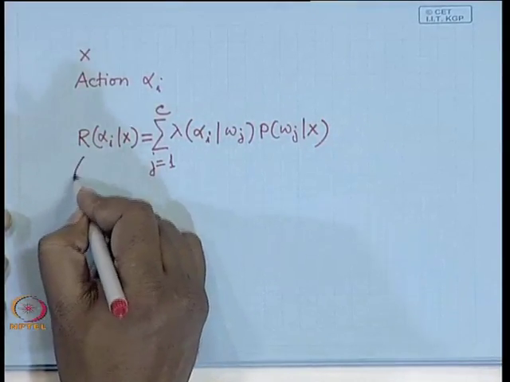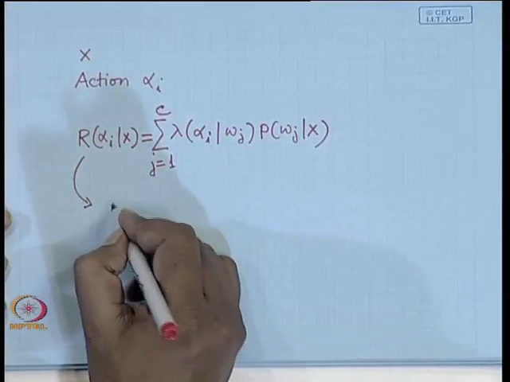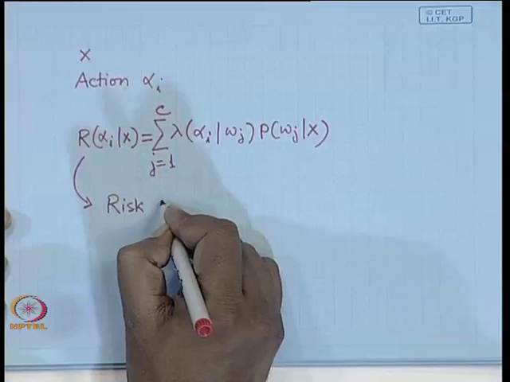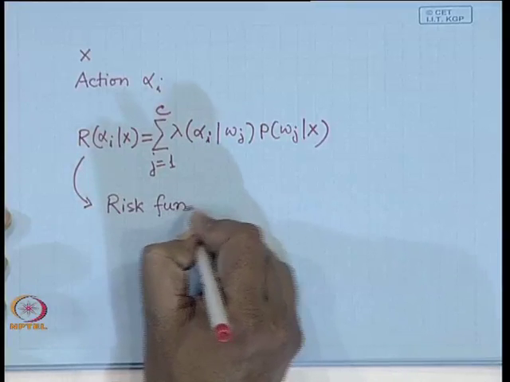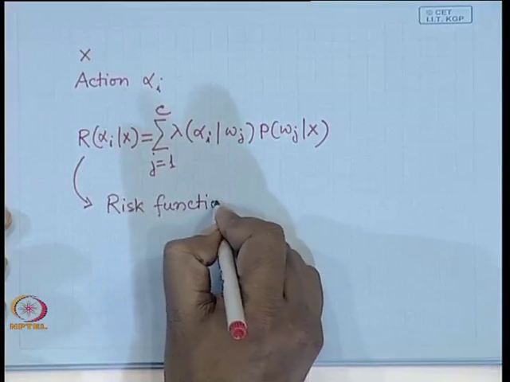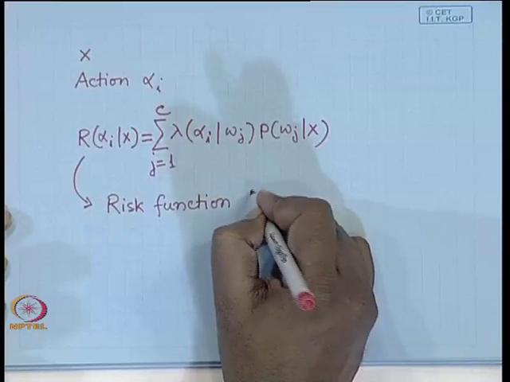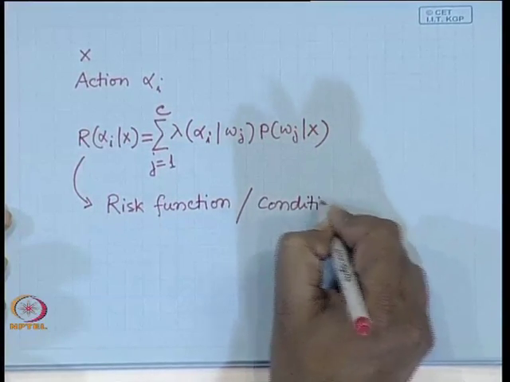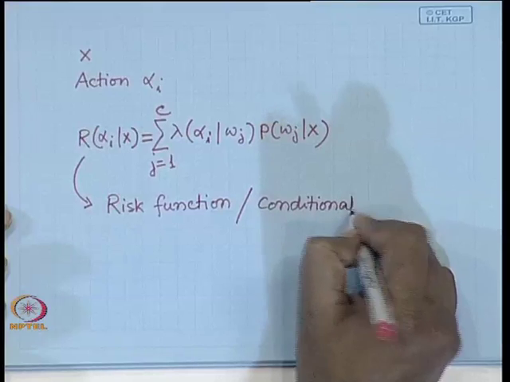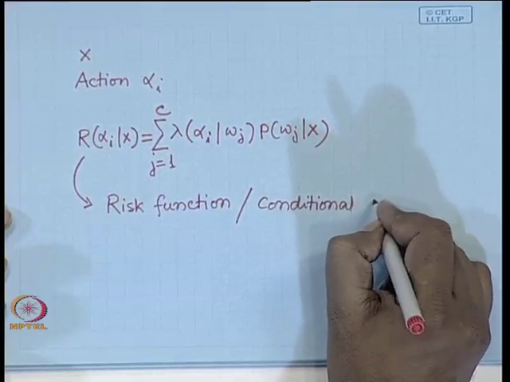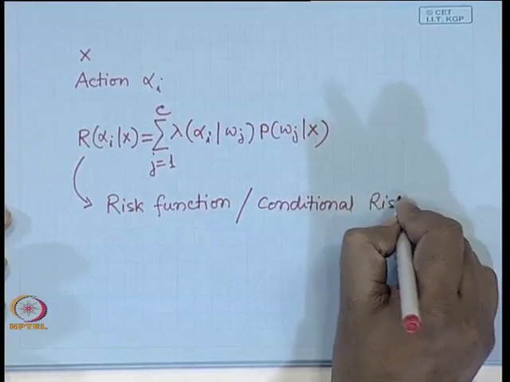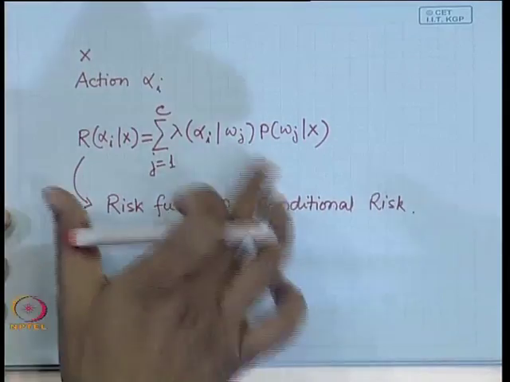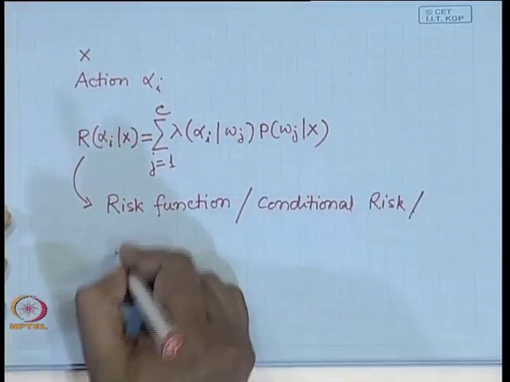This expected loss is also called a risk function, or we can call it the conditional risk, because it depends upon x. Or it is also the expected loss.